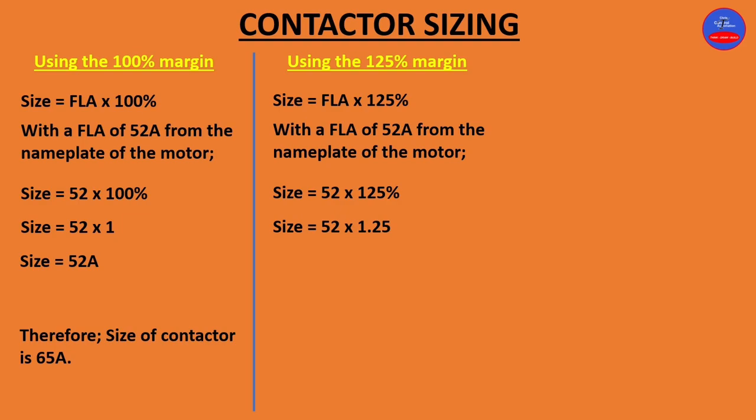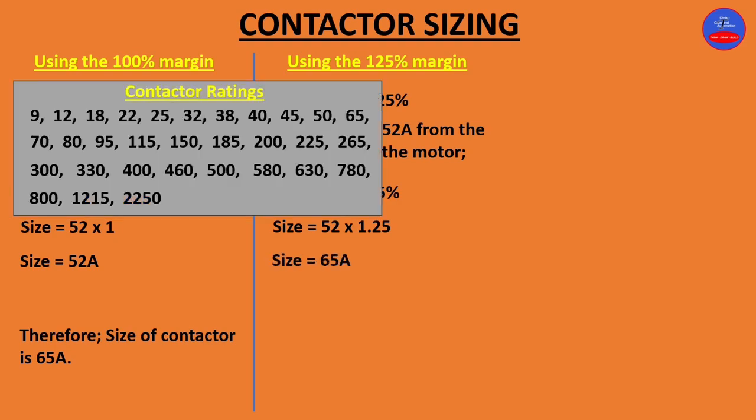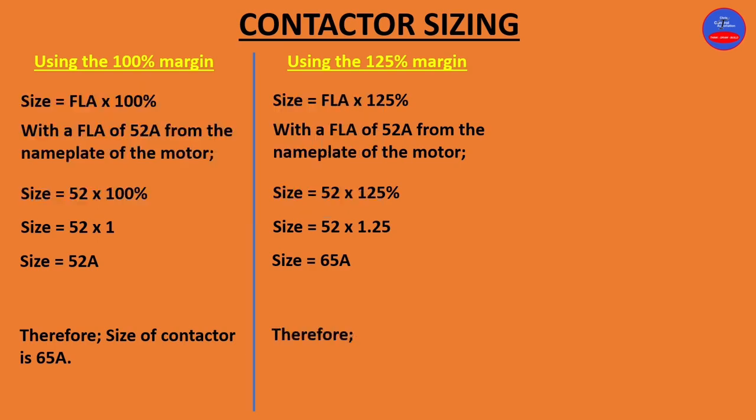Alright, so size is equal to 52 times 1.25. Size is equal to 65. Now let's look out for a number from the contactor ratings chart, okay, that is a little higher than the 65. That number will be 70. So therefore the size of the contactor here is 70 amps using the 125% margin.